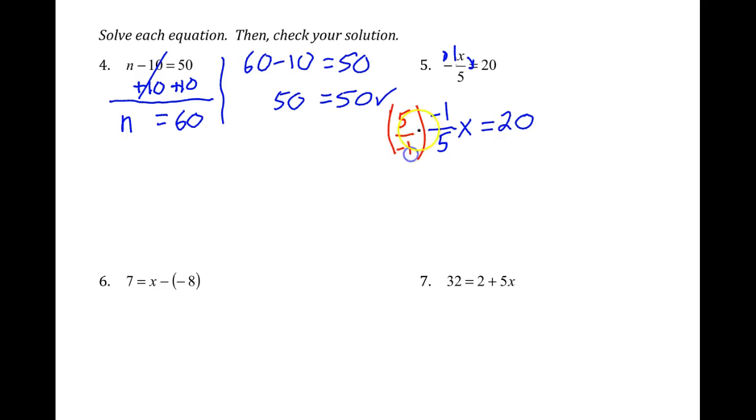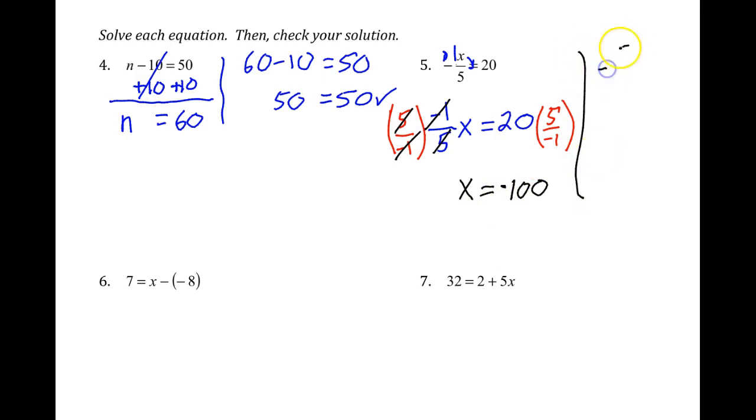We got 5 over negative 1, 5 over negative 1. Negative 1's cancel, equal 1. 5's cancel, equal 1. So we have 1x equals 20 times 5, which is 100, divided by negative 1. So negative 100. And then show the check.